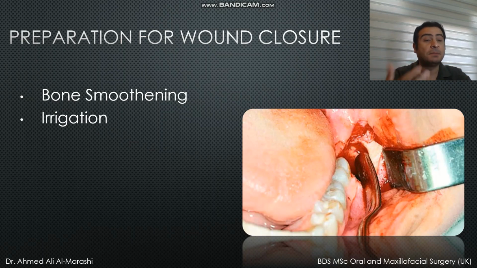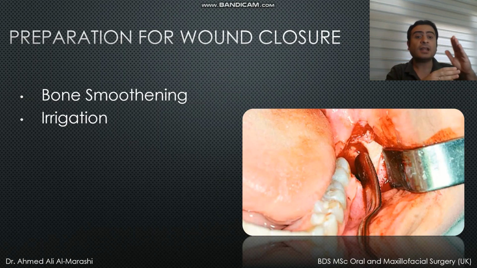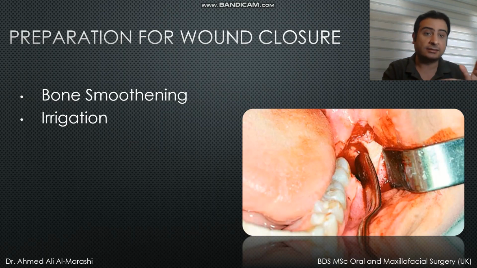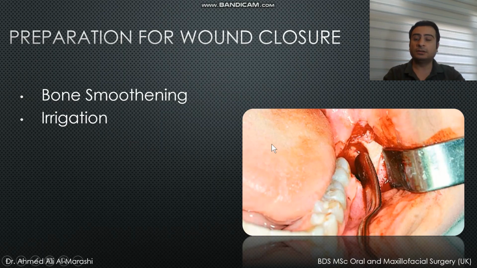Sharp edges can be painful for the patients. It can sometimes cause wound dehiscence, so it's best to take a little time to smoothen these edges, and the patient would very much appreciate it in the post-operative period. It will minimize the post-operative pain.